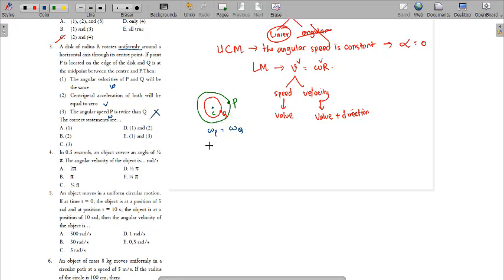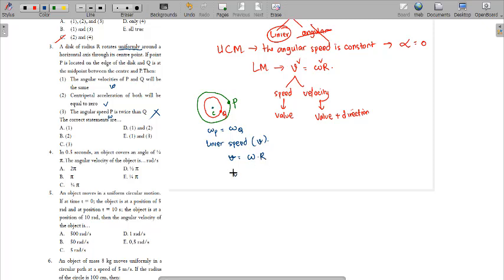The linear speed, or we call it V. Why is that? Because V is omega times R. Velocity or speed in linear motion equals angular speed times the radius.